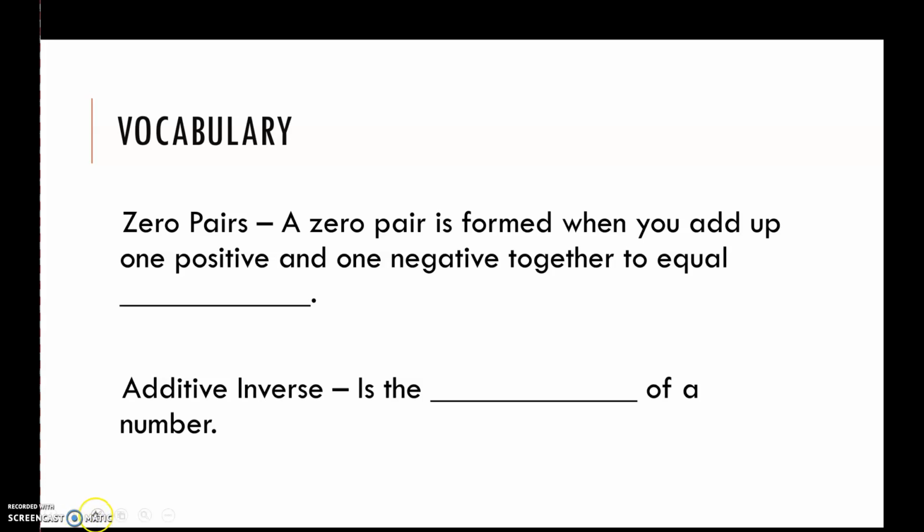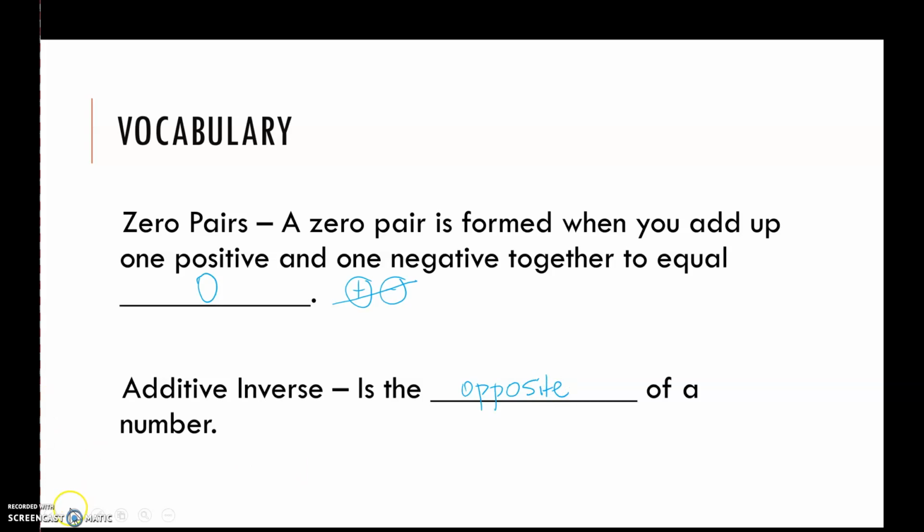It's the idea that if I step to the right one step and then step to the left one step, I'm where I started, as if I didn't even move. So a positive and a negative cancel each other out. And then the additive inverse is the opposite of a number. So the additive inverse of 5 is -5.